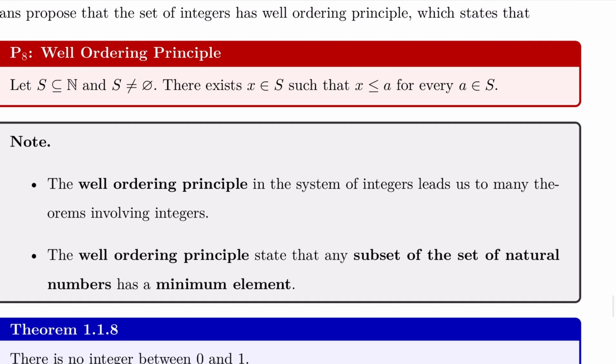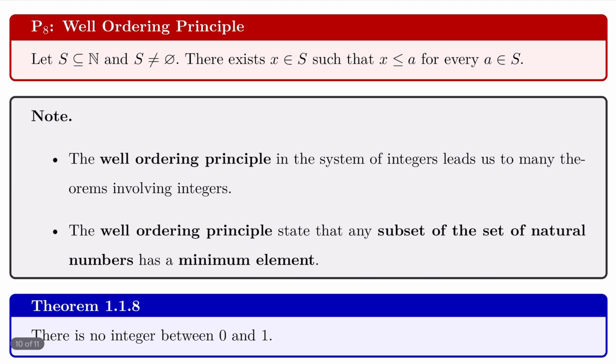So take a look at this note. The well ordering principle in the system of integers leads us to many theorems involving integers. The well ordering principle states that any subset of the set of natural numbers has a minimum element. So let me rewrite this again.